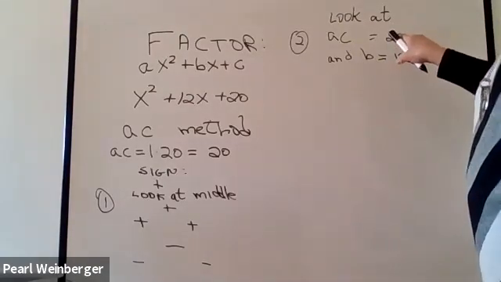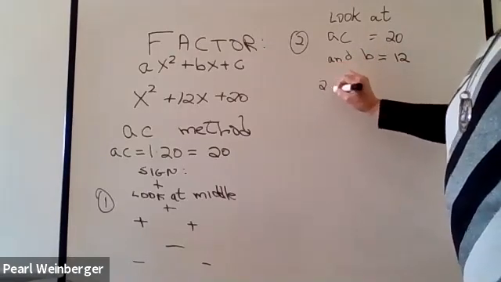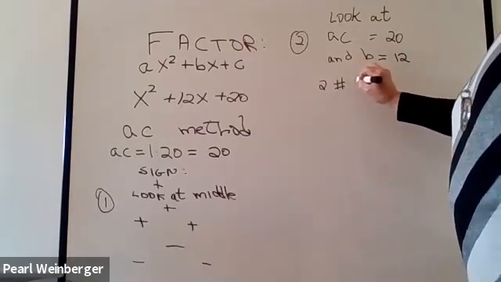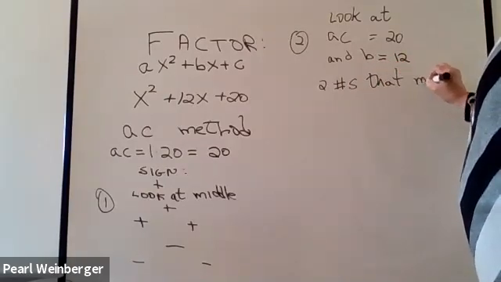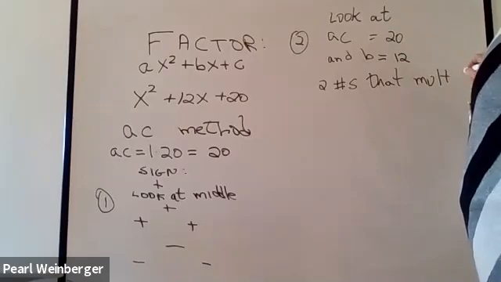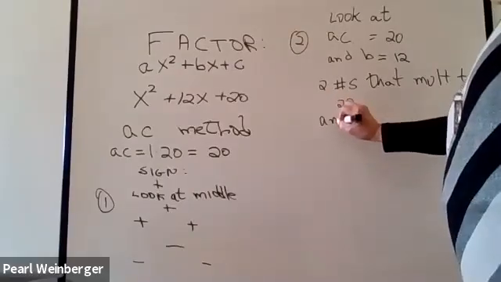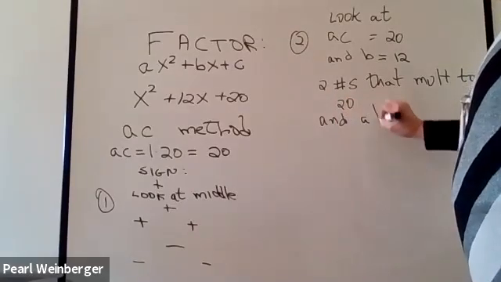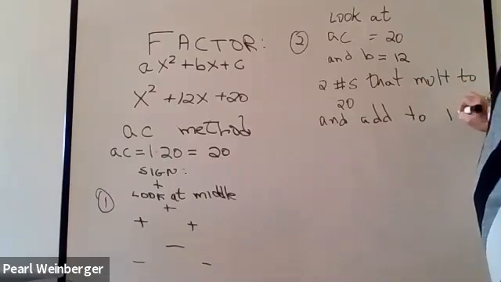What we're looking for is two numbers that multiply to the AC, which in this case is 20, and add to the B, add to the 12.